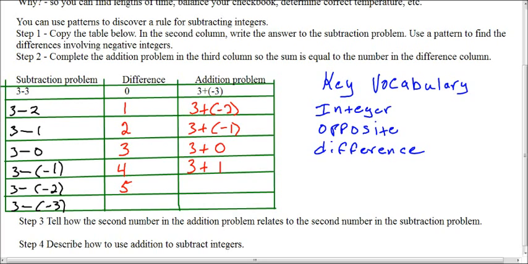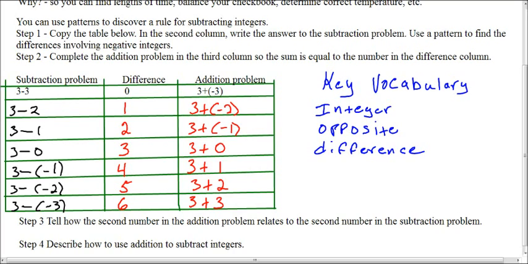How can we make this an addition problem? 3 plus 2. And then we have 3 minus a negative 3. We say that's 6. How do we make it an addition problem? 3 plus 3. Okay, so we got something going here. Let's see what.